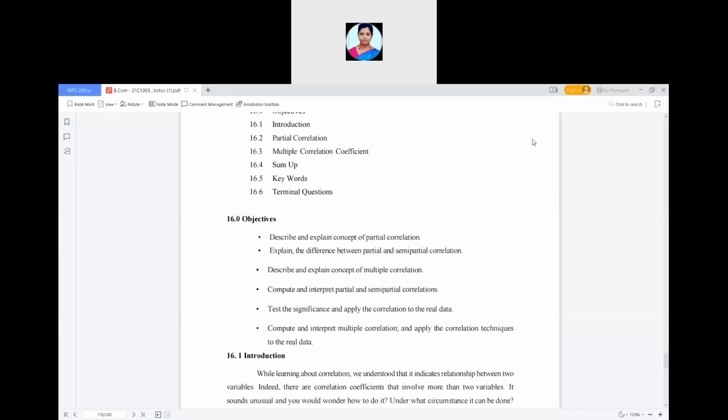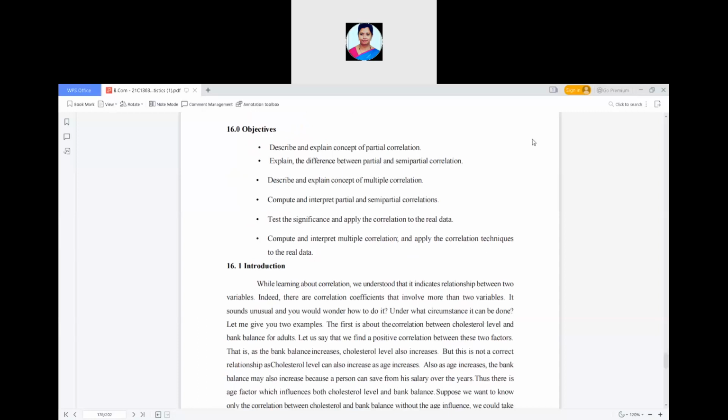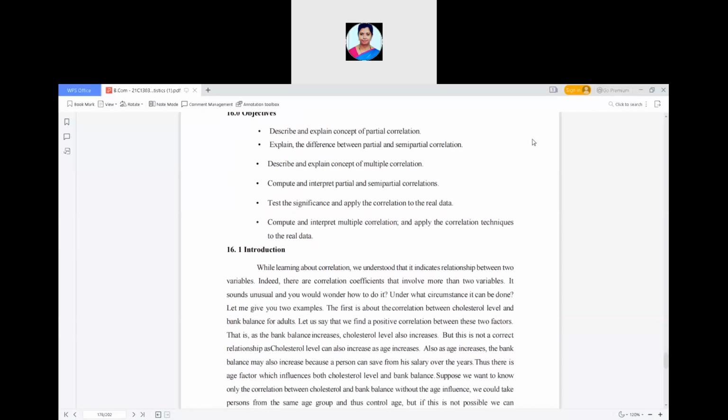Now we will move on to the introduction. Already we have learnt about correlation and the techniques, and we know how to compute the correlation coefficient, that is Karl Pearson's correlation coefficient and the rank correlation, Spearman's rank correlation coefficient. And then we have learnt about the scatter diagram also.